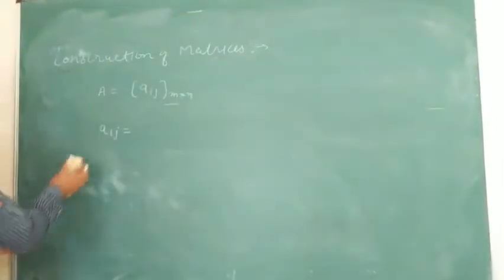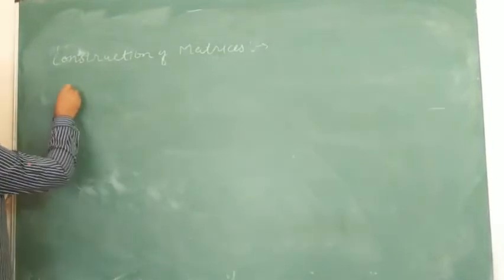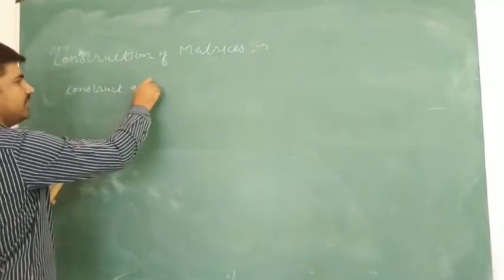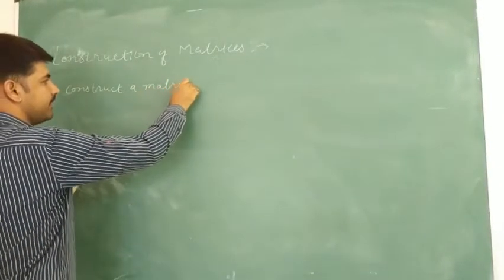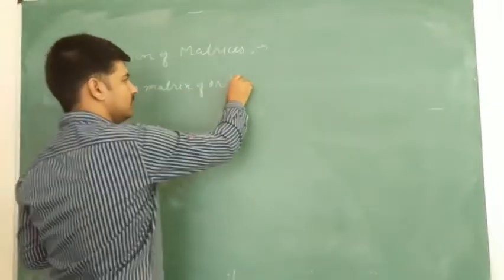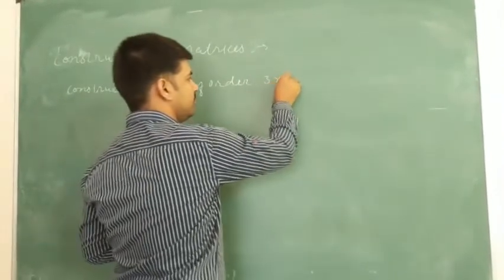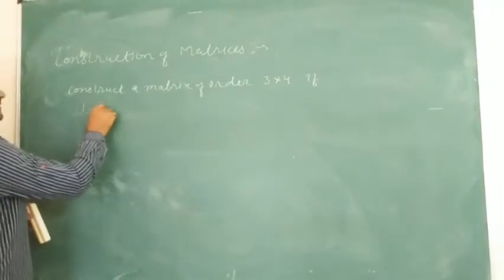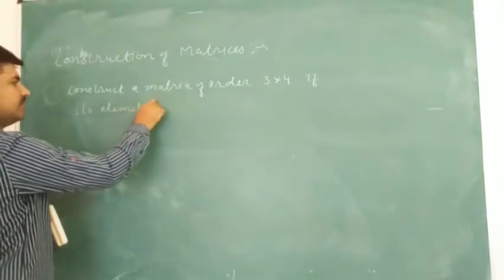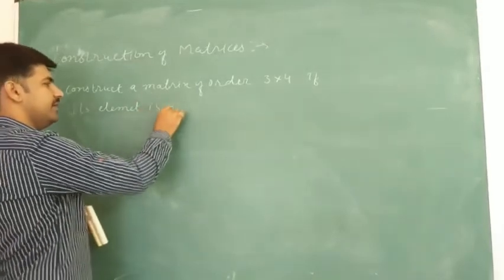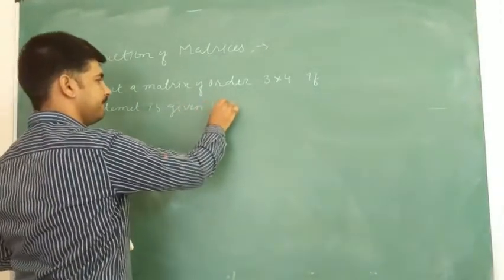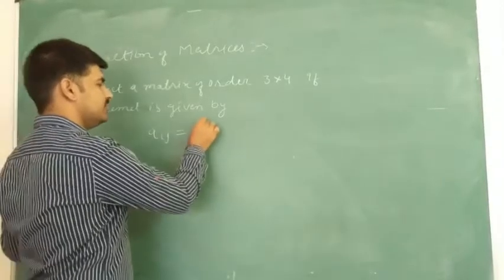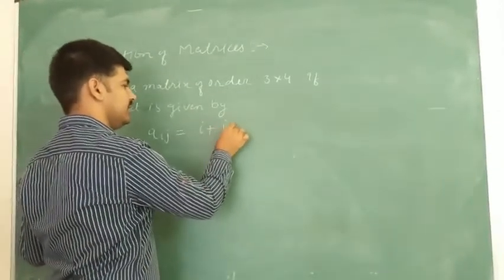So here we are taking a question, and the question is: construct a matrix of order 3 by 4 if its elements are given by Aij is equal to i plus j minus 2.